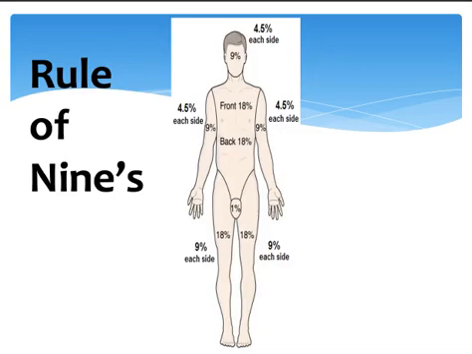Left arm is 9. Each leg is 18. And genitalia is 1. You have got to memorize those numbers because you're going to need them for NCLEX when you're calculating total body surface area, and you're going to need them for our test also. So make sure you understand and you follow the rule of nines.